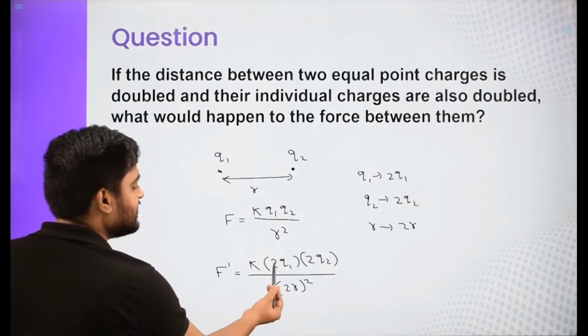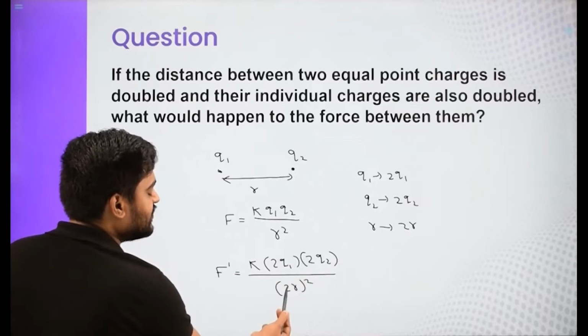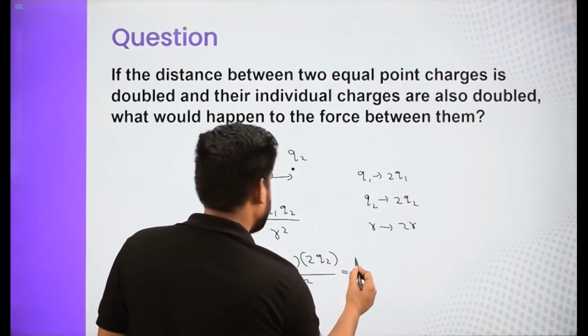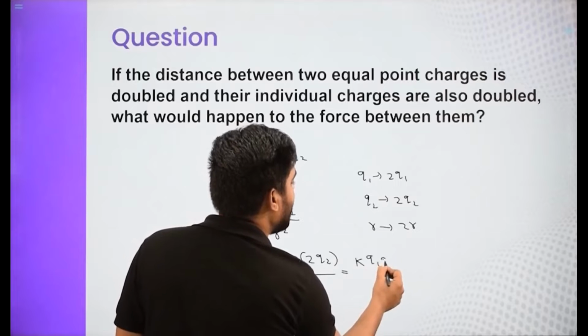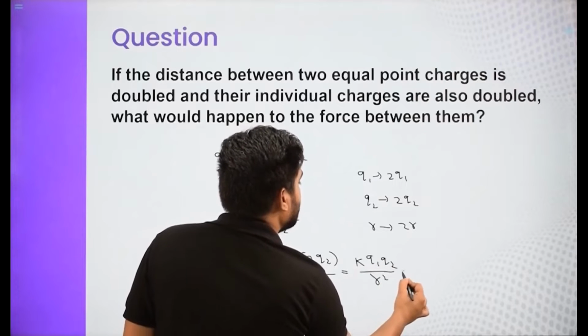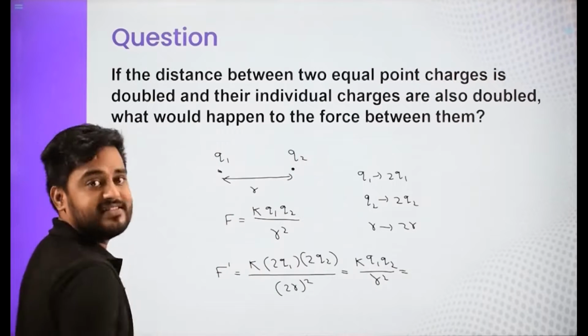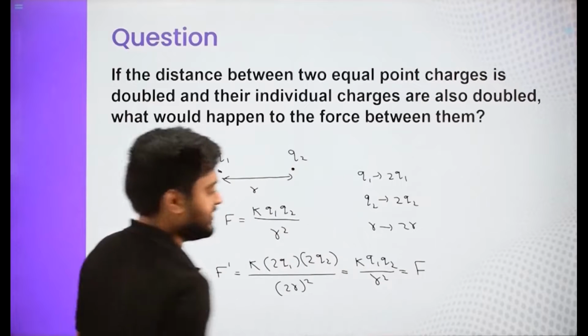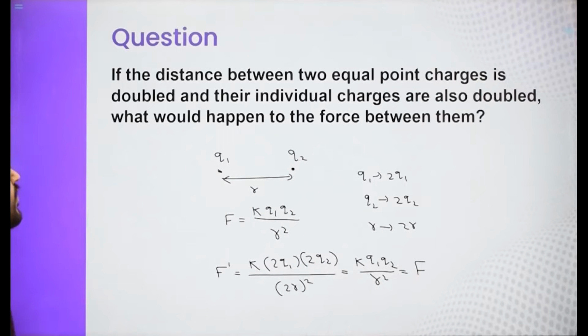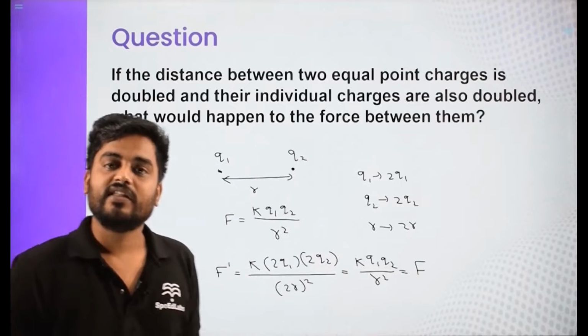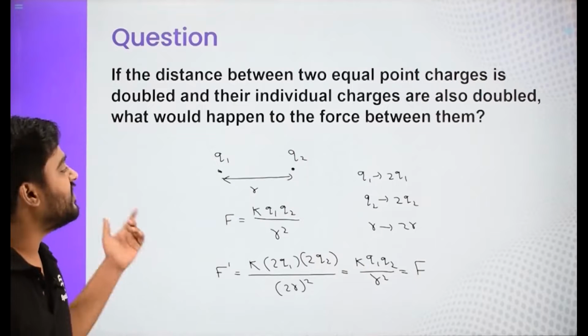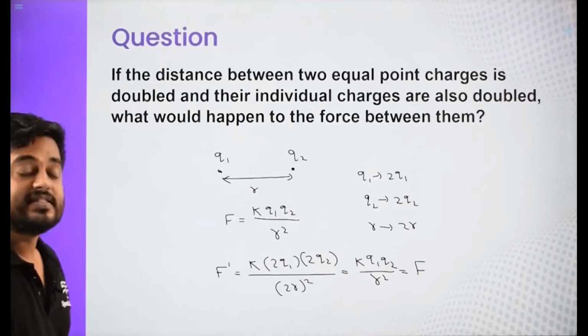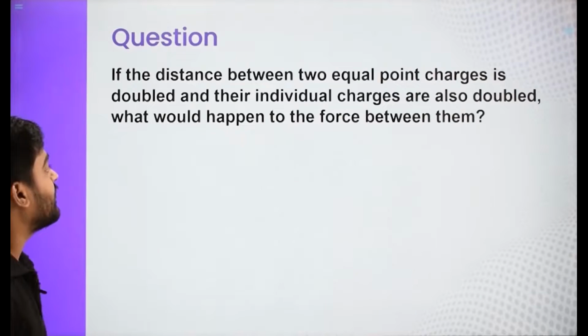And as you can see, this 2 and 2 will make 4, and this is also 4, so they'll cancel out, and eventually we'll get K Q1 Q2 by R square. So it is the same as the old force, so nothing happens. There will not be any change in the force which is acting between them.